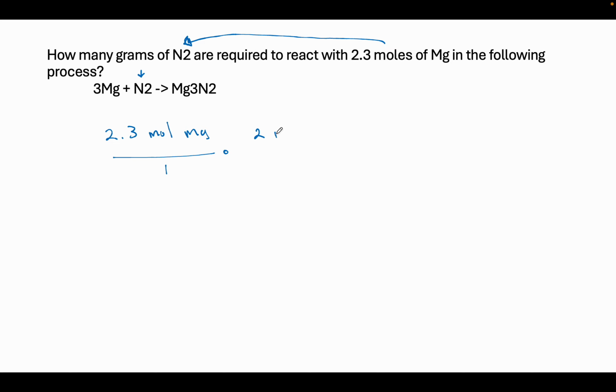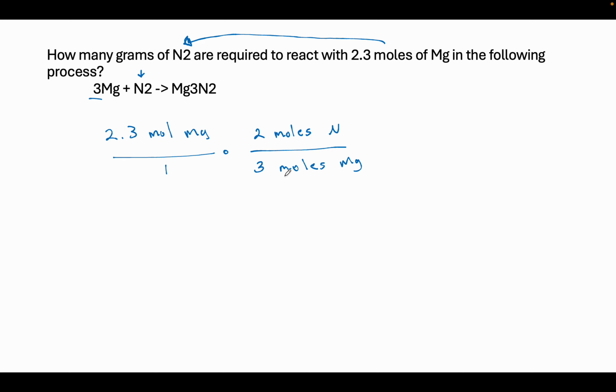So for every 2 moles of nitrogen, we've got how many moles of magnesium? Right here we got 3. So 2 moles of N for every 3 moles magnesium.